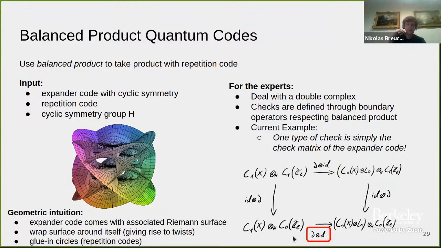So what this shows is that the qubits essentially see the checks of the expander code, or in the more geometric intuitive picture, we just have this large surface on which lives the expander code, and all the qubits in the surface essentially only see the checks of this expander code.